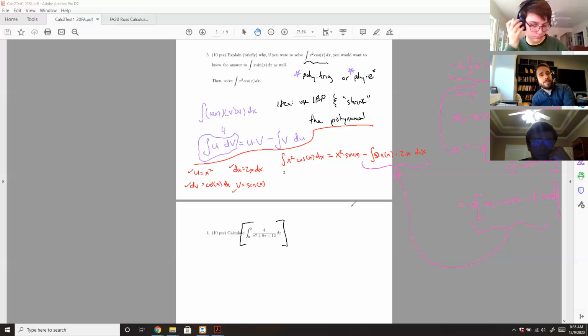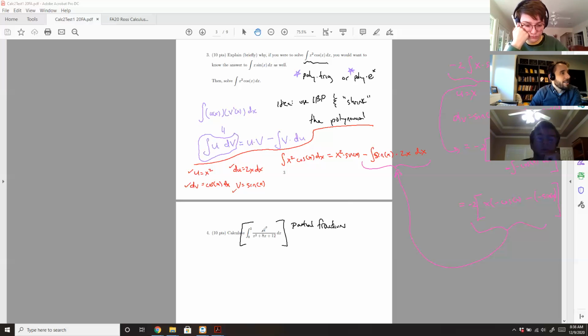And so when I see something like this, especially in the context of a Calc 2 test kind of situation, I'm going to think that this is probably done using partial fractions. And the clue is that it is this rational expression, this polynomial divided by polynomial, right?